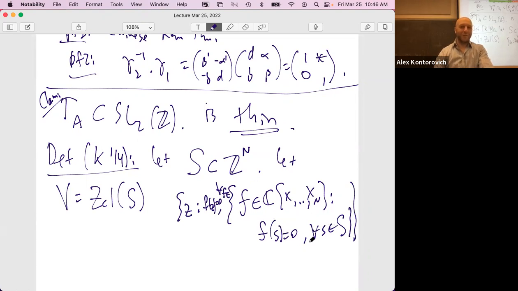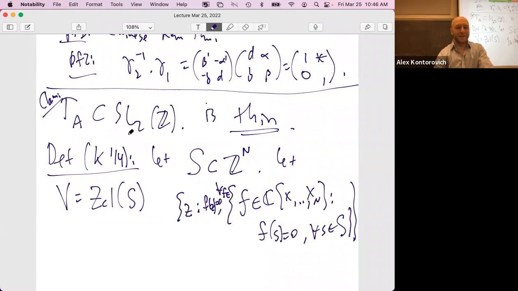So you look at all polynomials that vanish on all elements of S, and then you look at all points, over the complex numbers, but more abstractly, this is just a variety. I see. You look at all points that vanish on all polynomials that vanish on all the elements of S. So that's going to include in particular these elements.